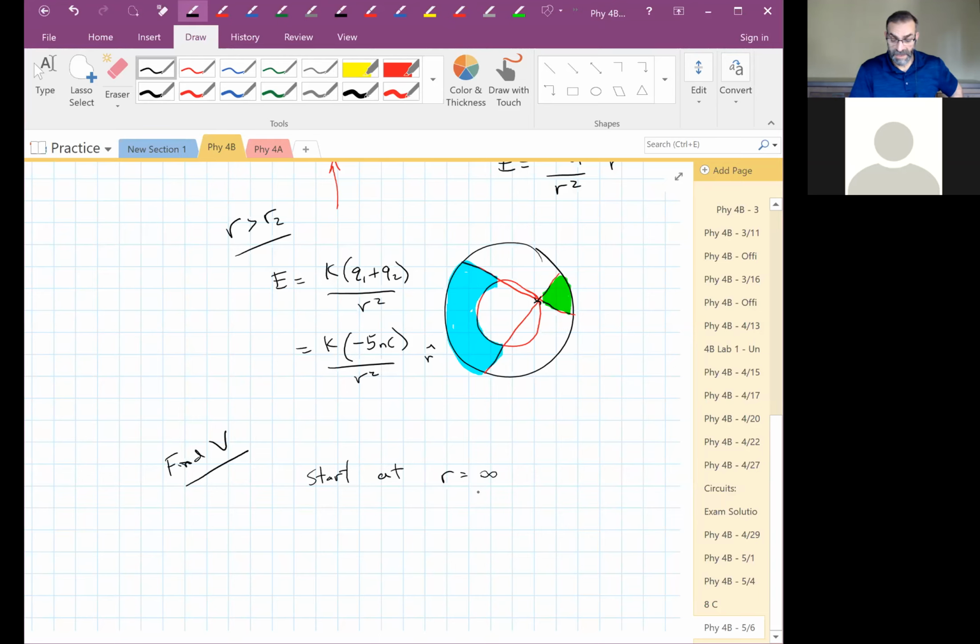We know the answer here, right? It looks like a point charge. What's the potential from a point charge?